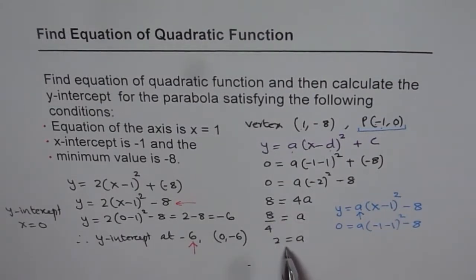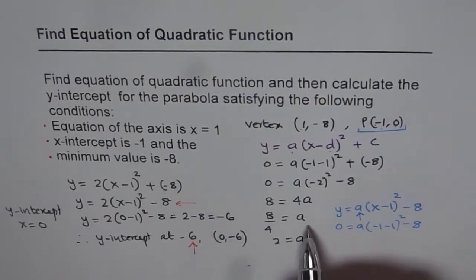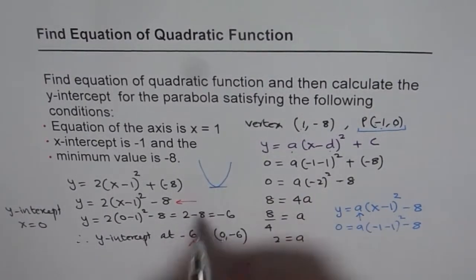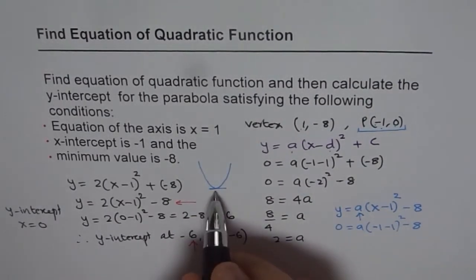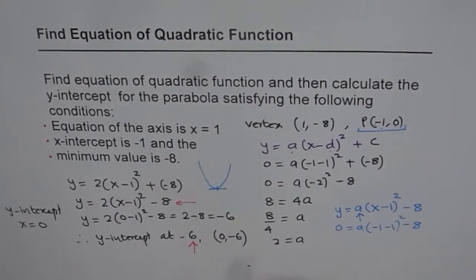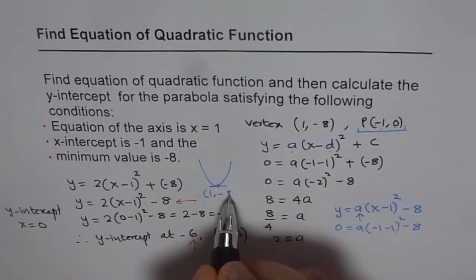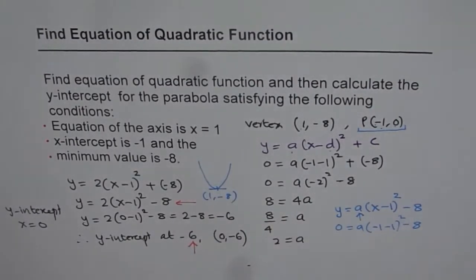Get the value of a and then write down your equation. It is to be noted that a is positive. A is positive means your parabola is going upwards. And so you have a minimum, and the minimum point will exist at the turning point, which for us is given as (1, minus 8). Right? So that is how we are going to do this question.